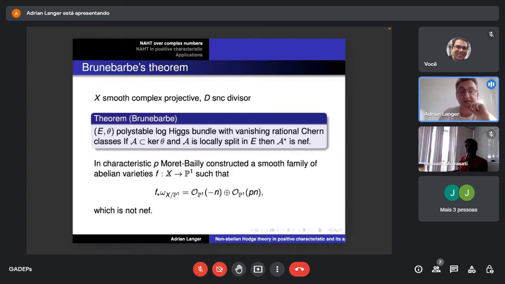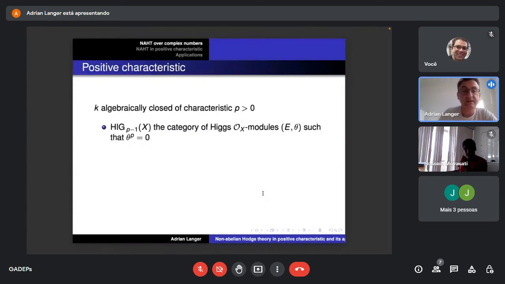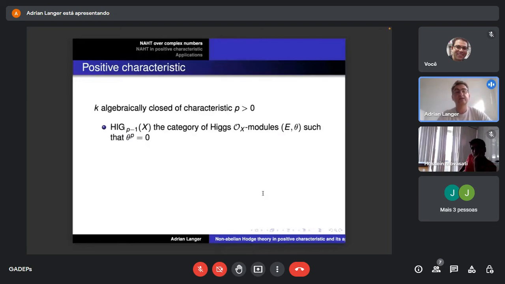Okay, so the positive characteristic story will be somehow similar to Simpson's correspondence between Higgs vector bundles and modules with integrable connection, but it will be more complicated. So if I have an algebraically closed field of positive characteristic p, then I consider first the category that I denote by Higgs_{p-1}.